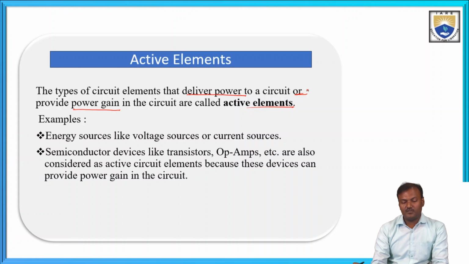If either one of these two conditions is met when it is applied in a circuit, then it is known as an active element. So examples are energy sources like voltage sources and current sources, and semiconductor devices like transistors and operational amplifiers, since they are providing a power gain in the given circuit.